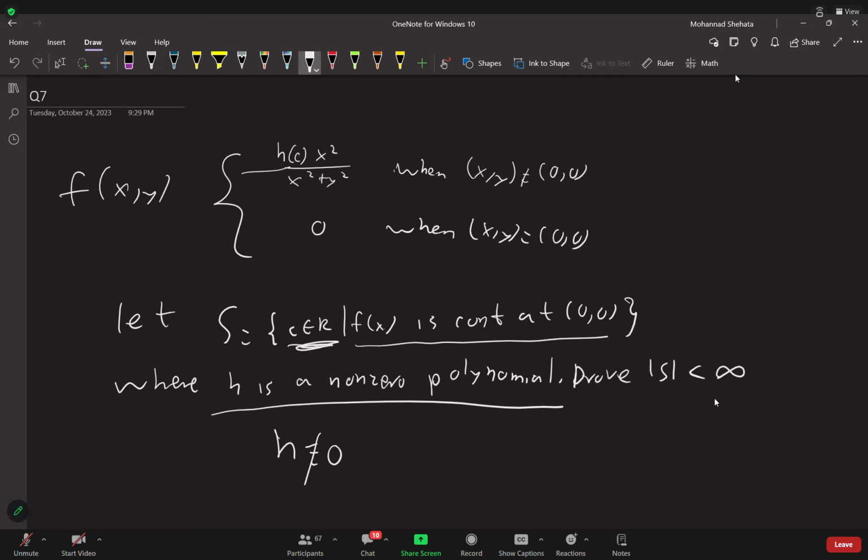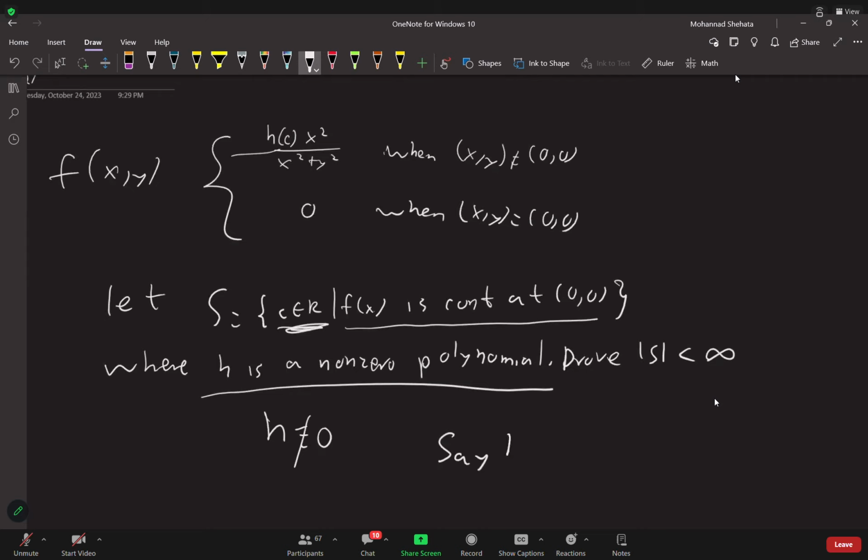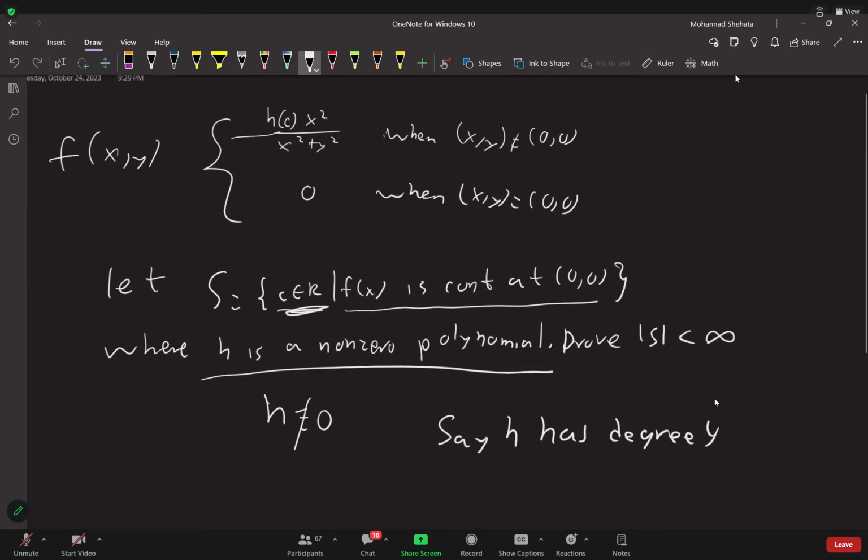If h is a non-zero polynomial of degree, say 4, how many zeros does it have? Do you have an upper bound on the number of zeros?